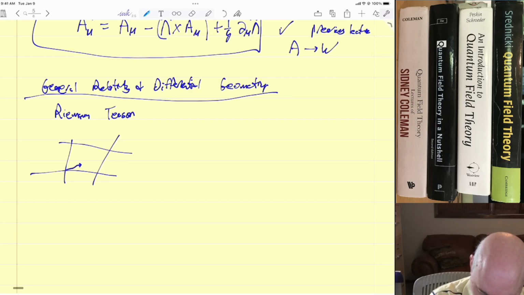Let's say this is V, then we move it over here and it's rotated a little bit, then we move it over here and maybe it's rotated a little more, then over here it's rotated a little less, and then finally it comes back to here. And what we find is that the amount that it's rotated we can write as proportional to a tensor of the area element.